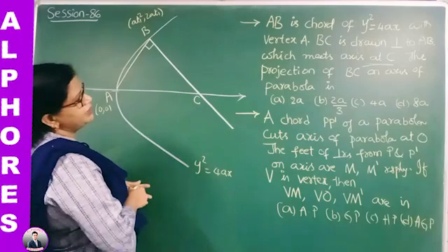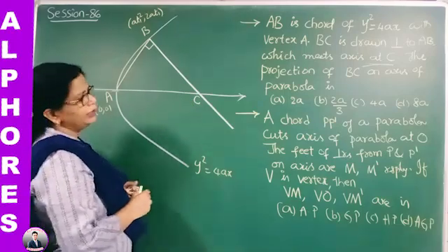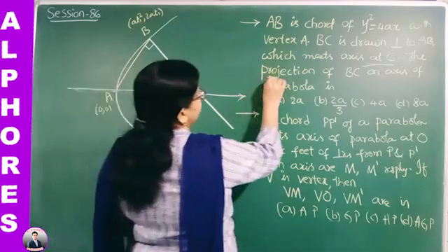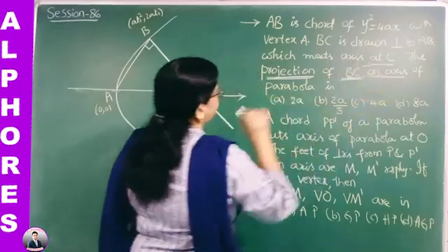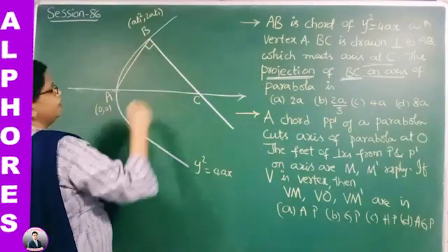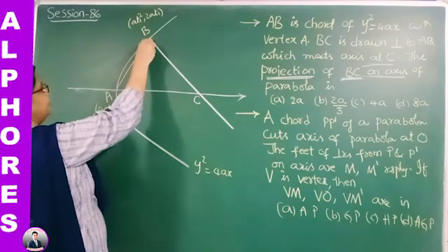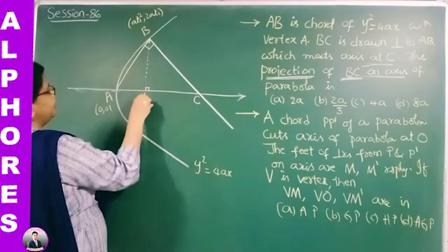Next is the projection of BC on the axis of the parabola. What is the question here? The projection of BC on the axis. On the axis means we have to drop a perpendicular from B, and this is exactly the perpendicular, D.